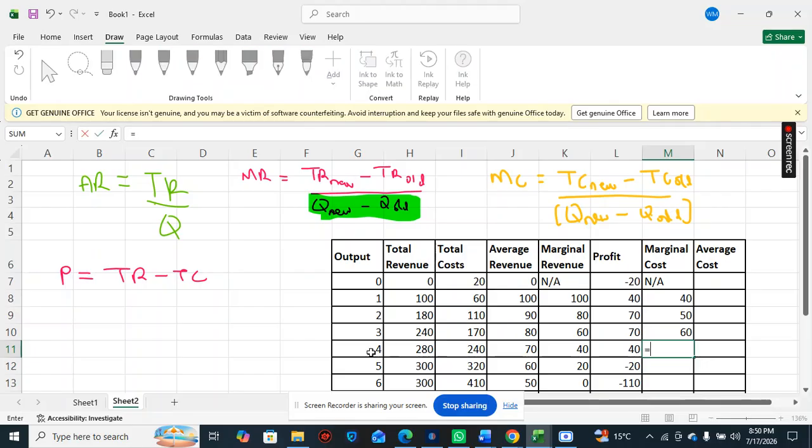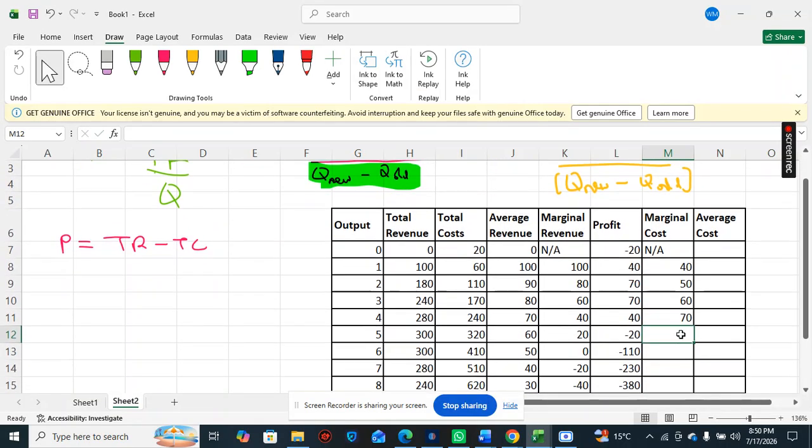When we produce 4 units, total cost rises from 170 to 240. So the new total cost 240 minus the old total cost 170. When we produce 5 units, our total cost is rising from 240 to 320. So the new total cost is 320, old total cost 240.